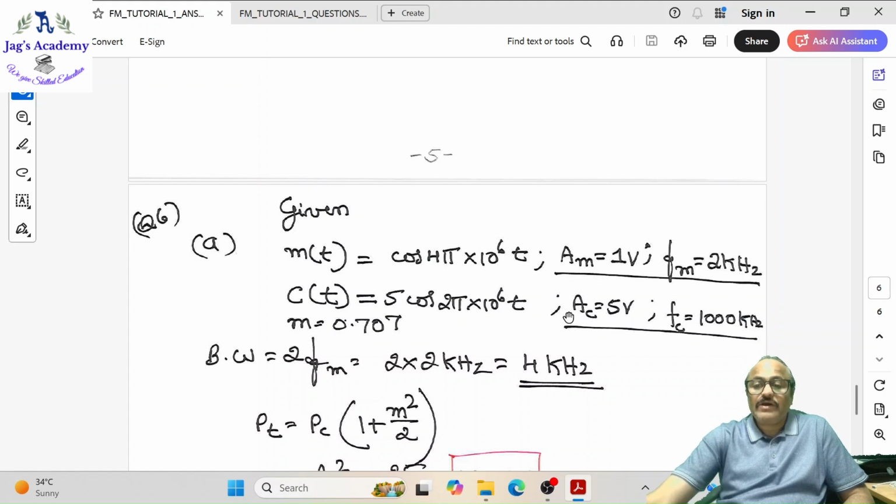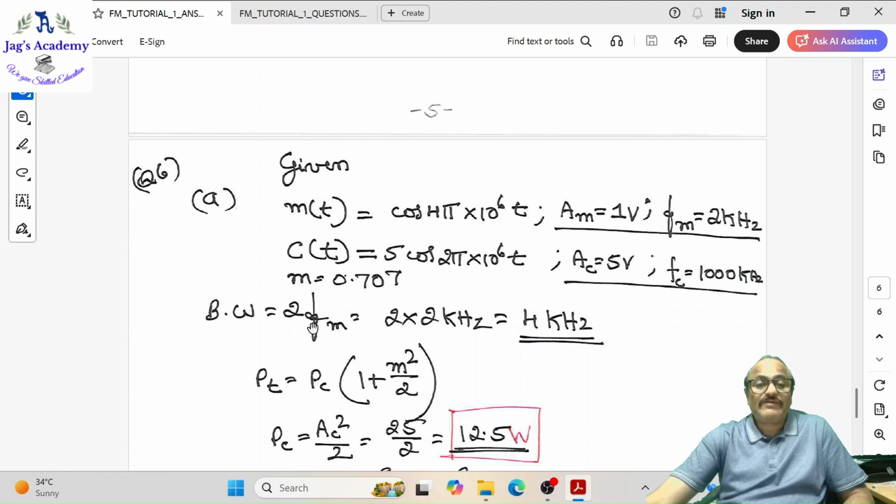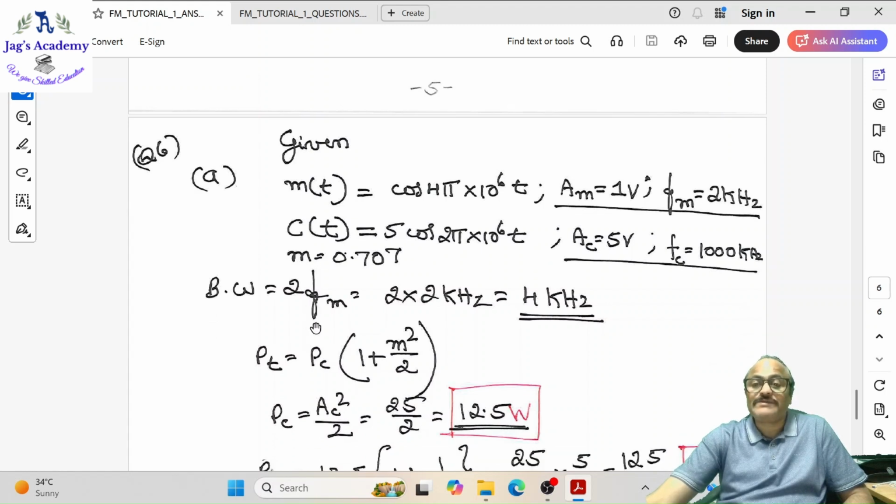Okay, now similarly Ac. This is the carrier wave. So Ac is 5, and the carrier frequency is 10 to the power of 6 hertz. That is 1000 kilohertz. What is the bandwidth for AM? Bandwidth for AM is 2 times fm. fm is 2 kilohertz. So the bandwidth of the AM wave is 4 kilohertz.